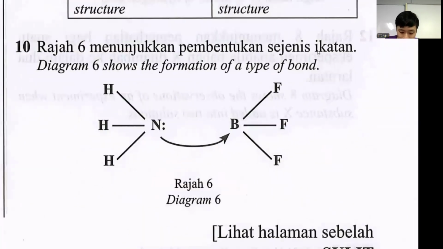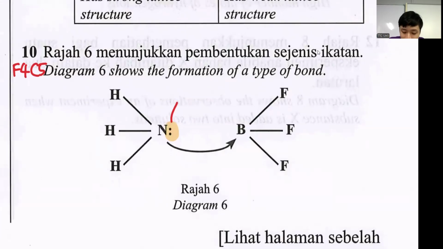What do these two electrons call? This one is also Form 4, Chapter 5. Lone pair of electrons.